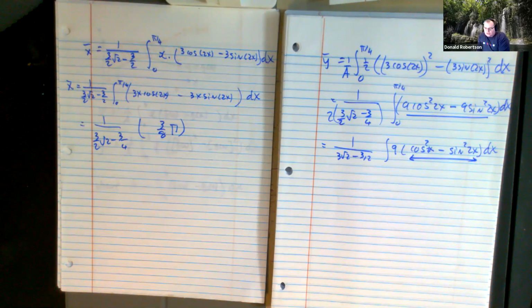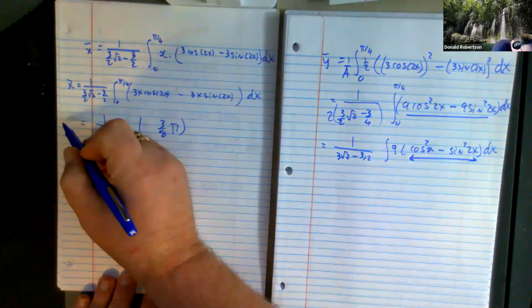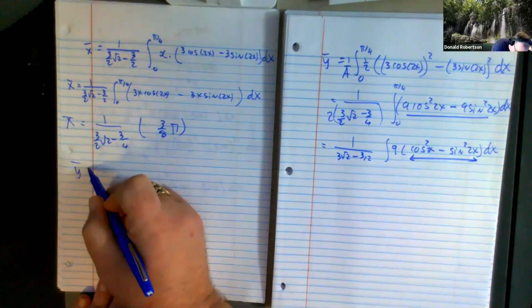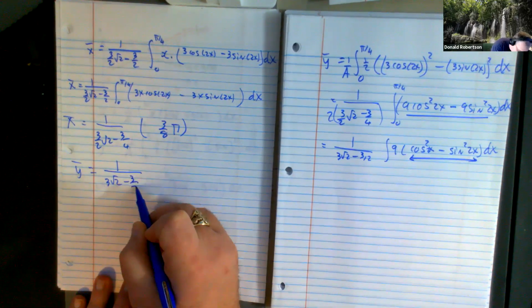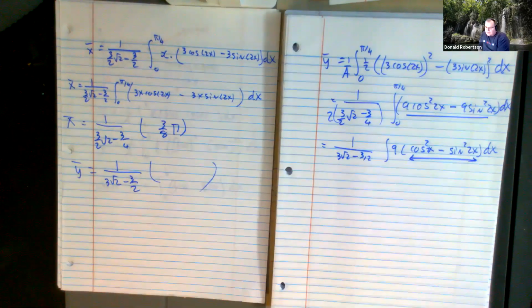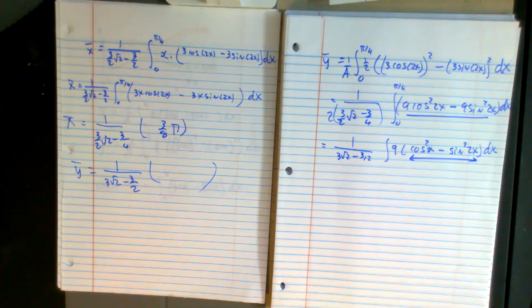Do you know what cos squared 2x take away sine squared 2x actually gets you? Does anybody remember what cos squared x take away sine squared x is? Cosine 2x.